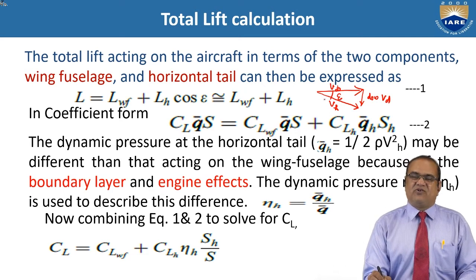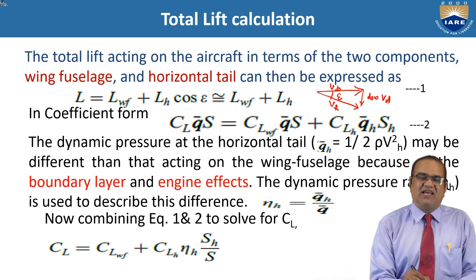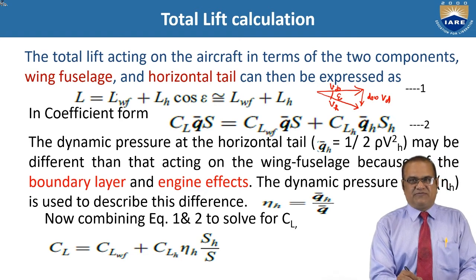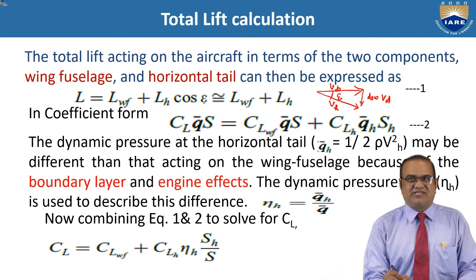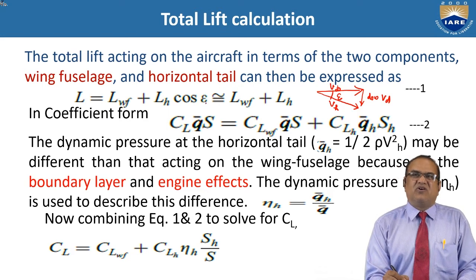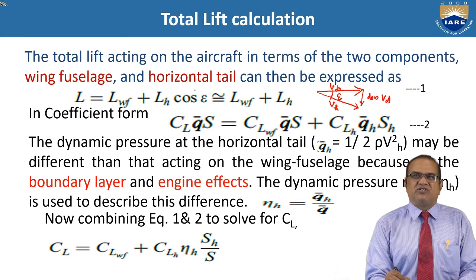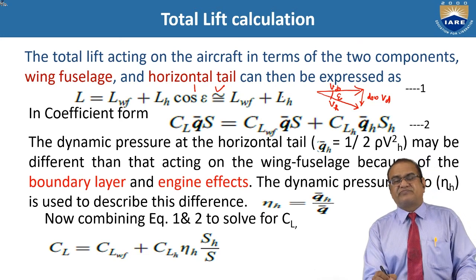So the total lift of the aircraft L will be the summation of the lift of the wing and fuselage plus the lift of the horizontal tail times cos epsilon. If epsilon is very small, we can say cos 0 is equal to 1. So it is equivalent to LWF plus LH.